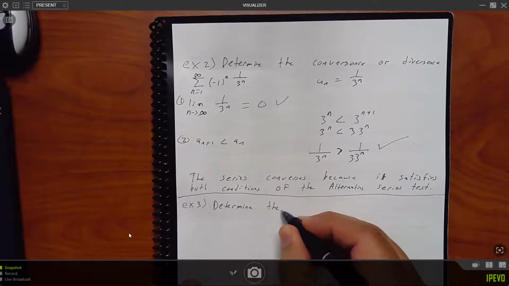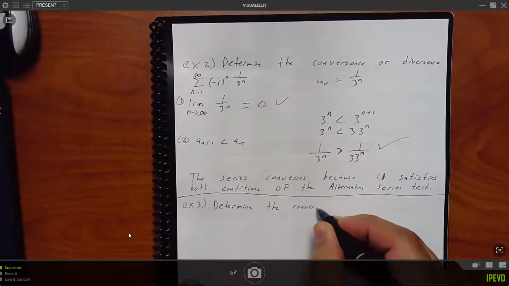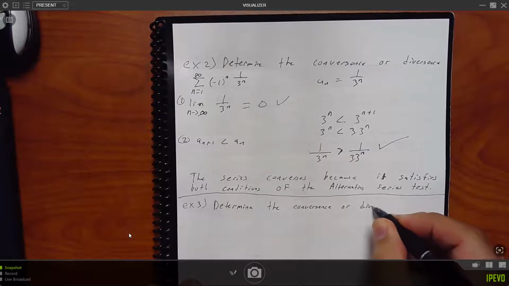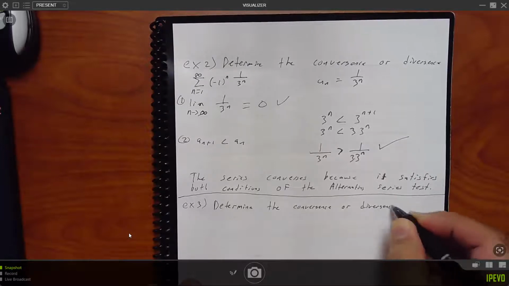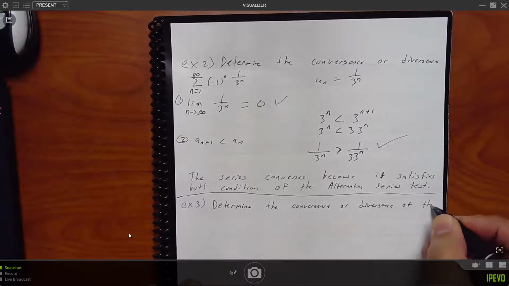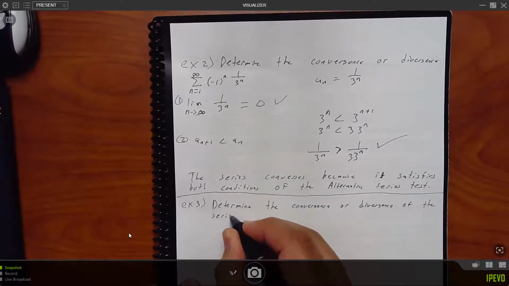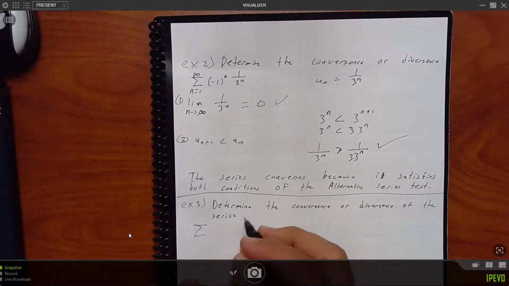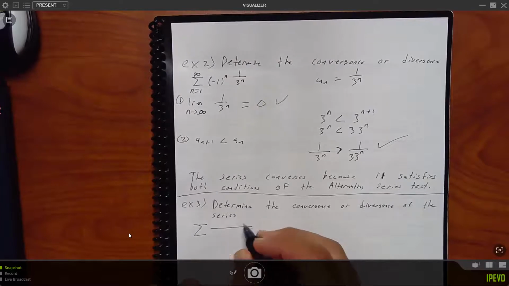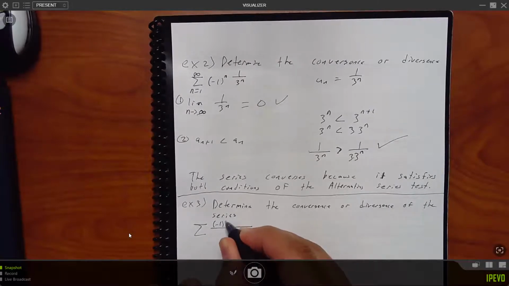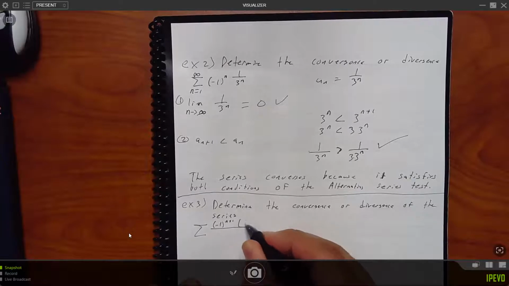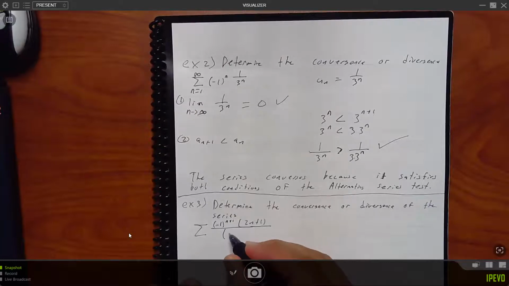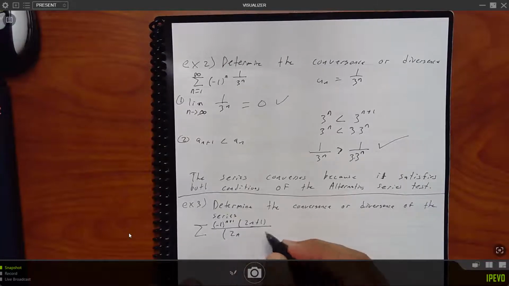Determine the convergence or divergence of the series, the sum of -1 to the n plus 1 times 2n plus 1 over 2... Actually, let's make this a -1.